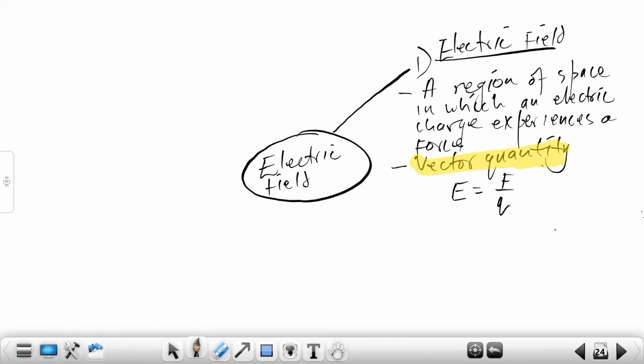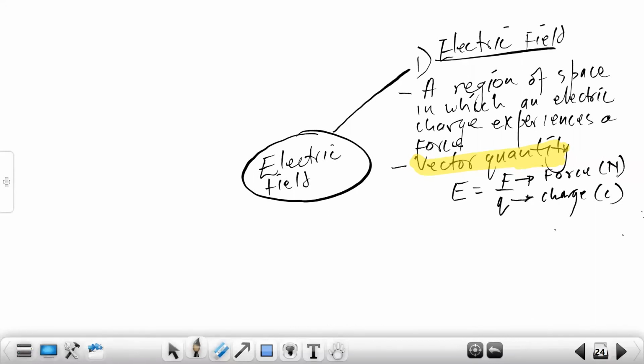And we know that now Q is a charge measured in coulombs, and it's a scalar quantity. And we have now the force measured in newtons, which is a vector quantity.